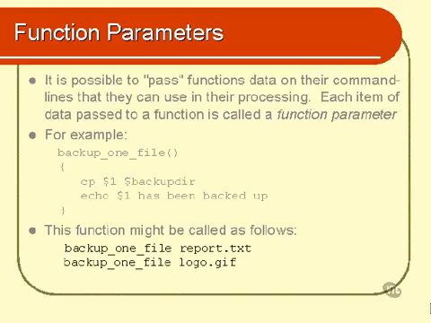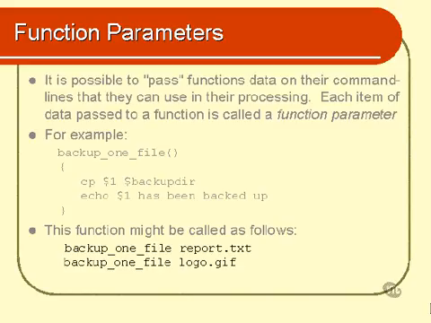So in the actual function, when the function runs, the very first line that runs is the cp line. So the first time it will read cp report.txt and then a space and then the backup dir. And then it will echo report.txt has been backed up. Then the second time it runs, it will be cp logo.gif to the backup dir, and logo.gif has been backed up. So you can see there's a substitution going on here.